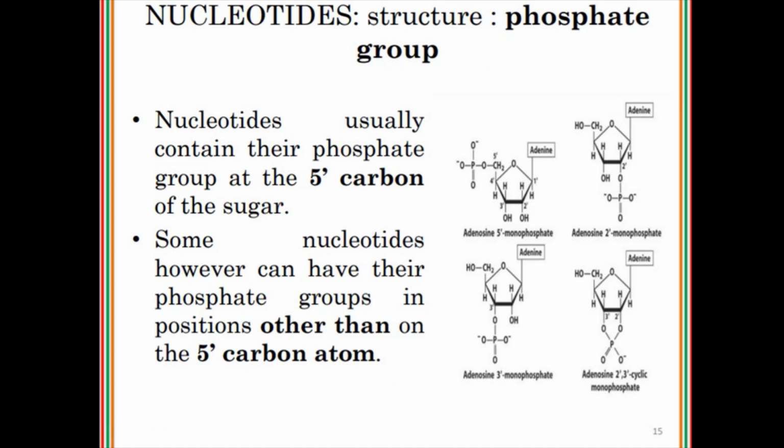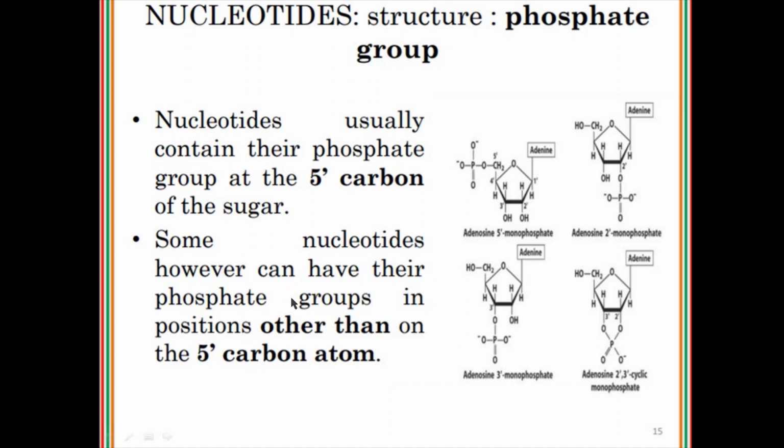The last component of a nucleotide is a phosphate group. A phosphate group is a phosphate that is double bonded to one oxygen atom, and it has 4 hydroxyl groups single bonded to it. The phosphate group is usually bonded to carbon number 5 of the sugar. Remember, we said that the bond between carbon number 5 of the sugar and the phosphate is called the phosphoester bond.